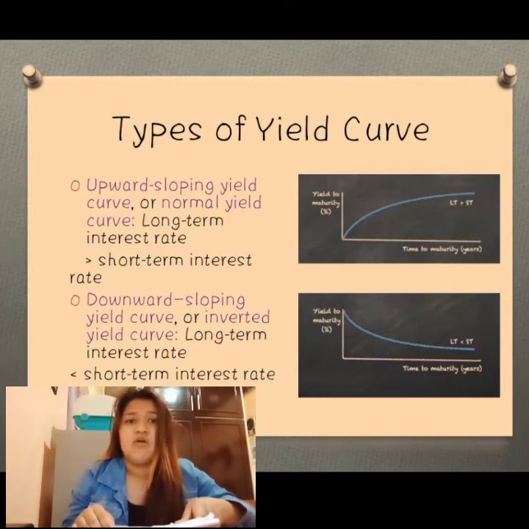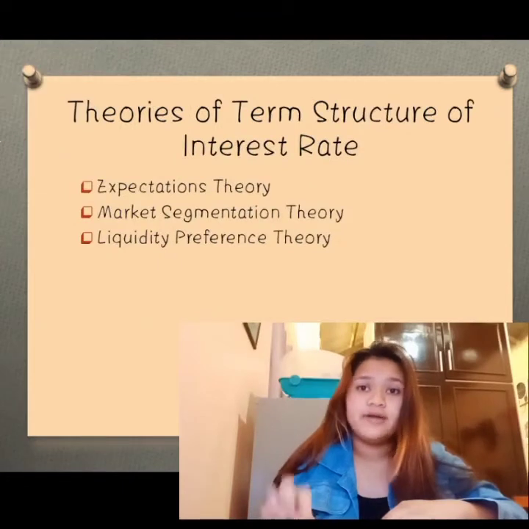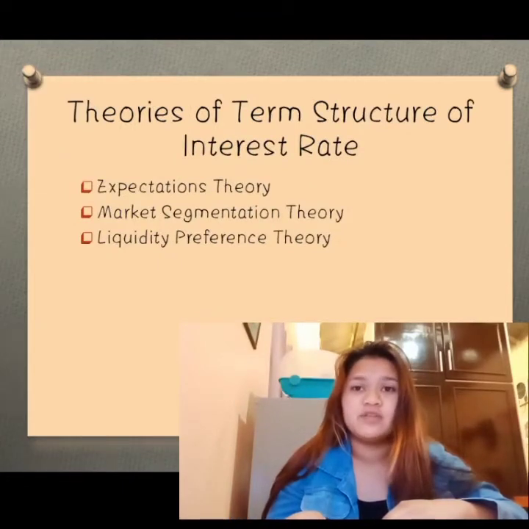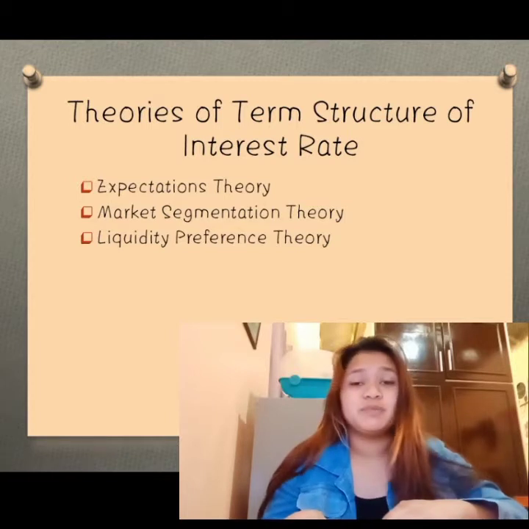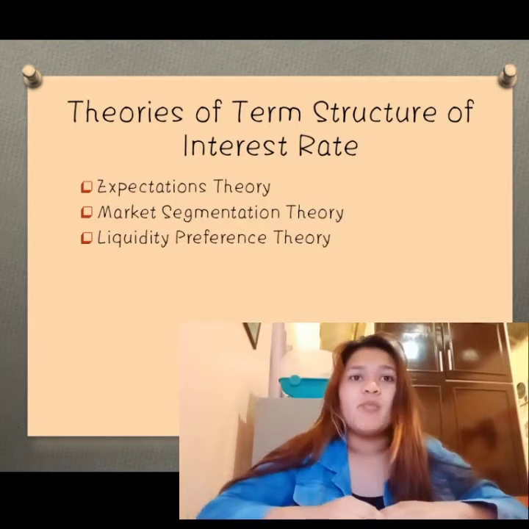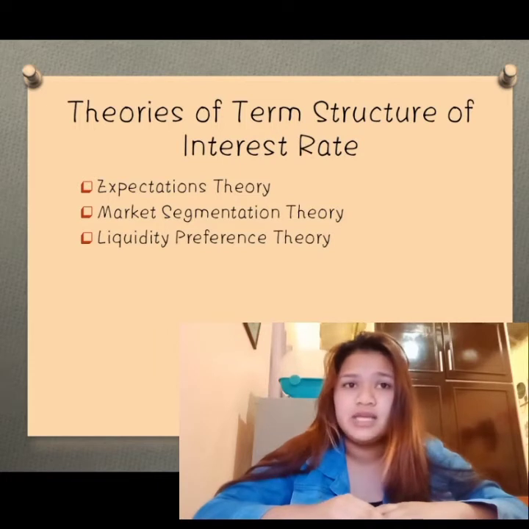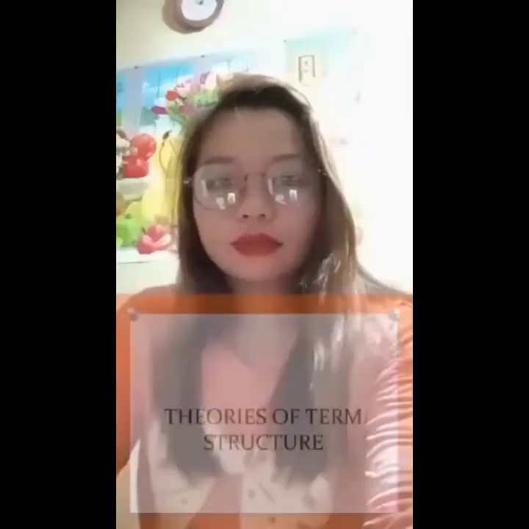That is, a long-term interest rate lower than short-term interest rate. There are three theories used to explain the term structure of interest rate: expectation theory, market segmentation theory, and liquidity preference theory.